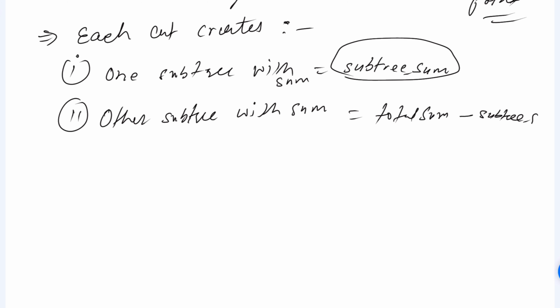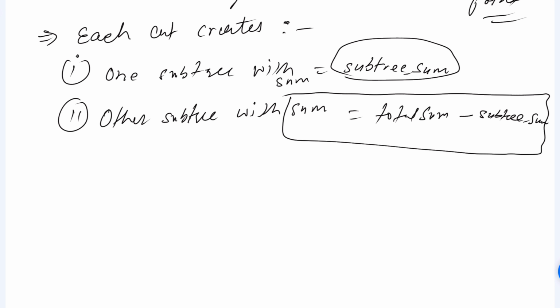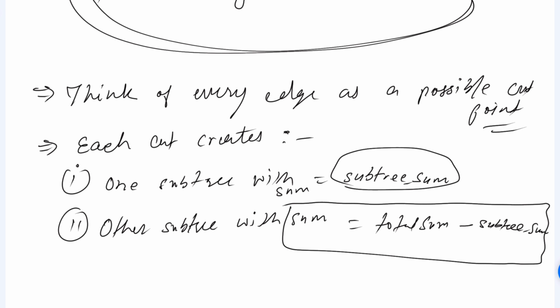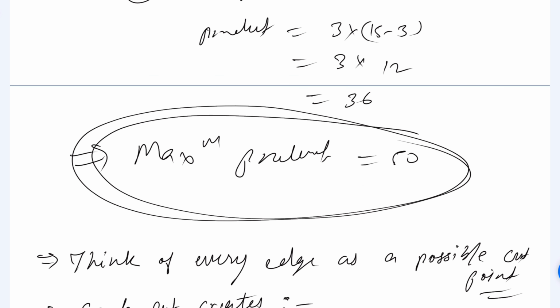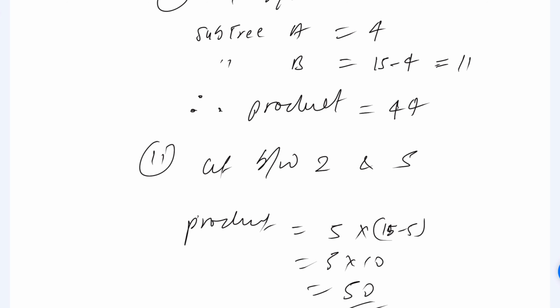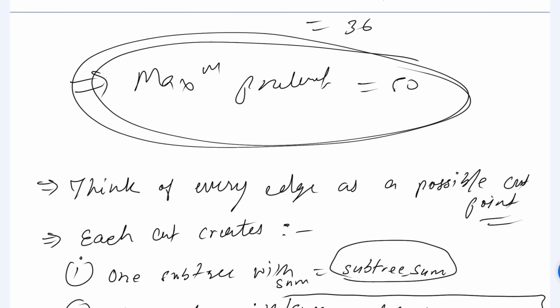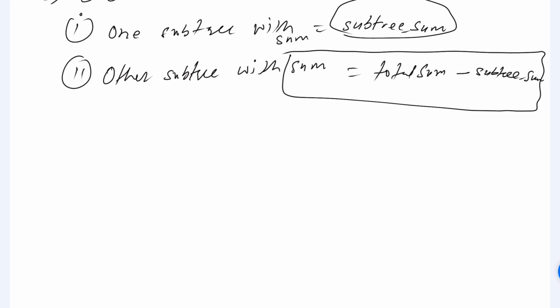If we know the subtree sum, then we can get the other by total minus 4, which gives 15. Like that we'll get it.